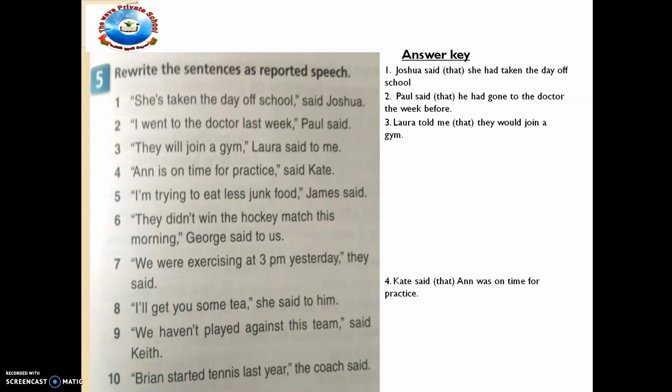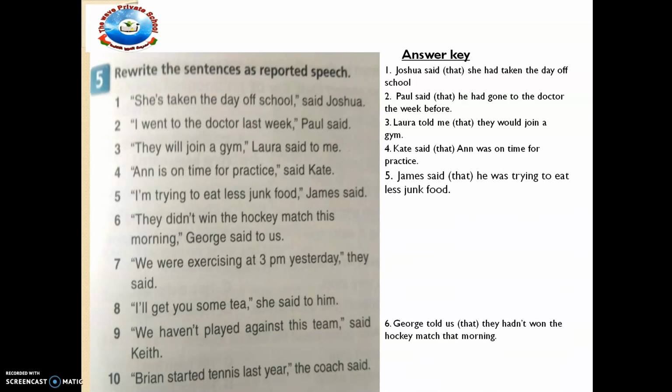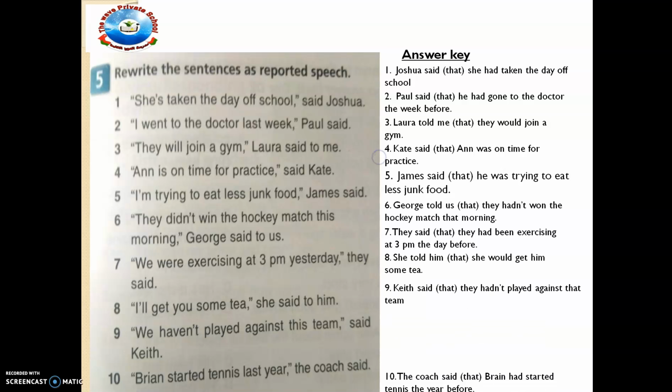So you can now check 4, and we have 5, 6, here comes 7 and 8, and 9 and 10. I want you to rewrite the correct answers there in your notebook. Okay, so we want to make progress to exercise 6.